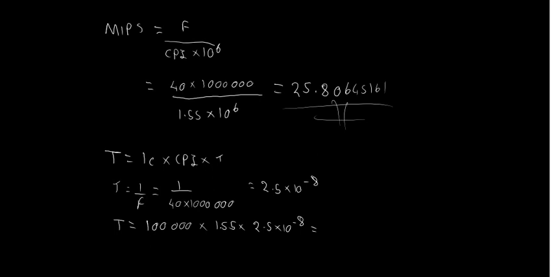If I've punched everything correctly, it should give us something like 3.9 times 10 to the power negative 3. Let me just make sure in normal notation, which is 0.003875. I think it's better you leave it in the scientific form and not this form. So this is how you make these calculations for CPI, MIPS, and then execution time.